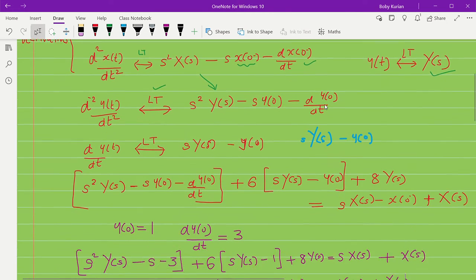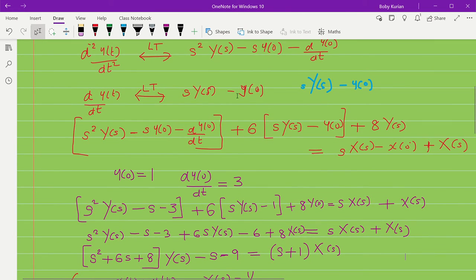Since the first term is d square y of t by dt square, its Laplace transform will be equal to s square Y of s minus s into y of 0 minus d by dt of y of 0, plus 6 into dy of t by dt, whose Laplace transform is s into Y of s minus y of 0, plus 8 into y of t, its Laplace transform 8 into Y of s.